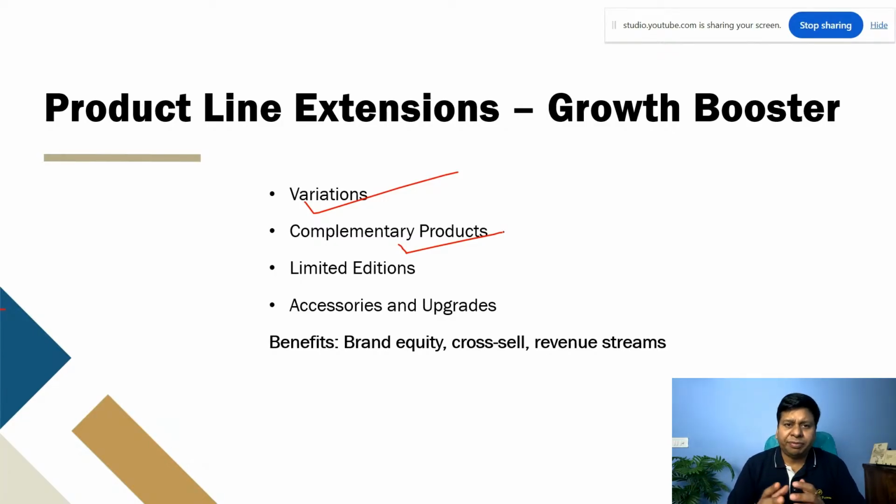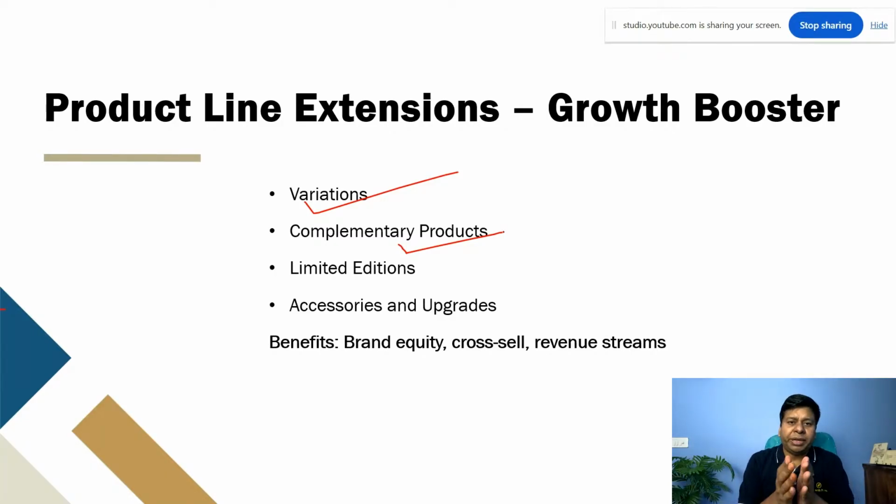What are the benefits from this product line extension? Brand equity. If you go to any departmental store, you will be seeing a lot of toothpaste with different names of the same brand, that is Colgate. Cross sell. If someone is not finding this toothpaste good, let's try this one.